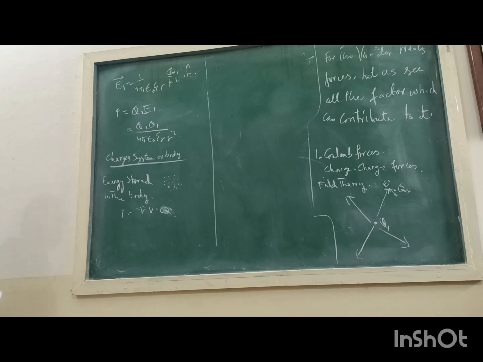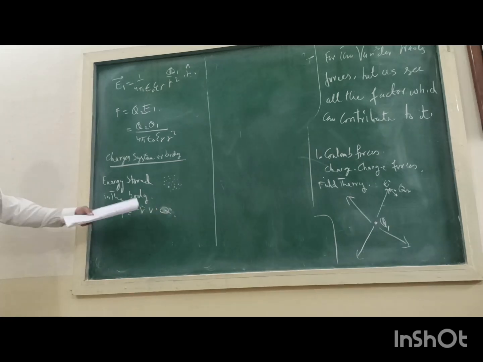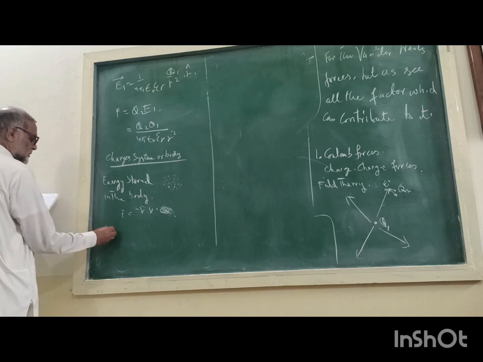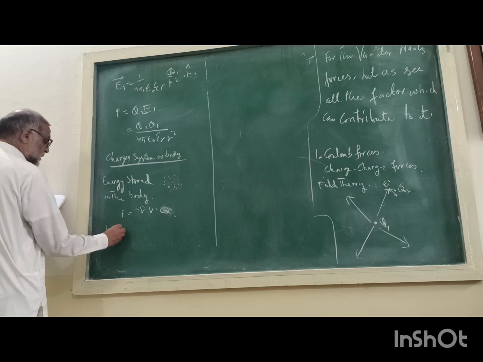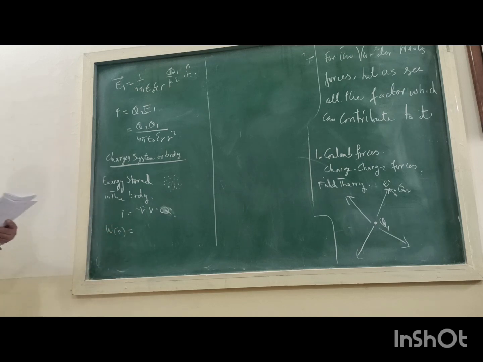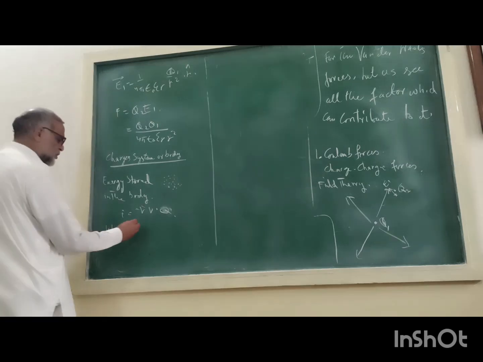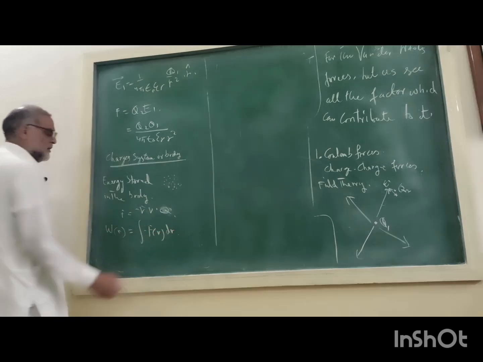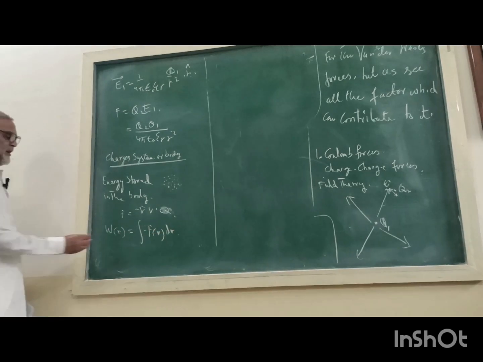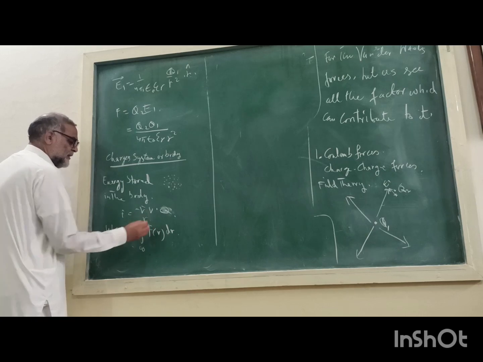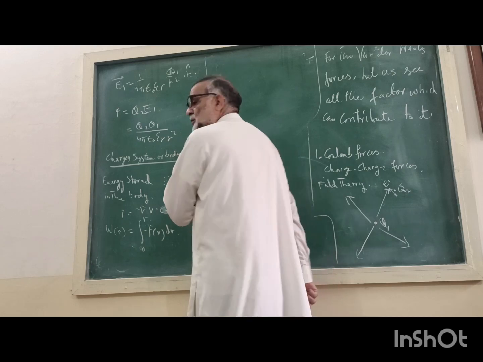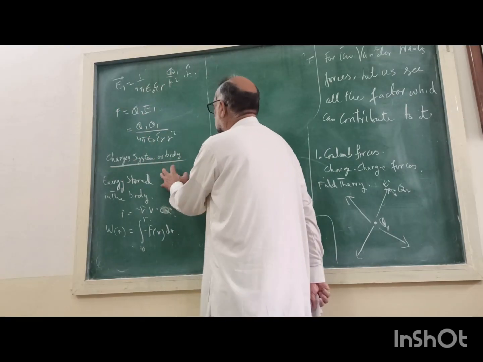If we take potential energy, you multiply the two, Q and V. So the energy of the charge system will be equal to integrating minus F dr, the force with the separation, from infinity to R. Starting from the first charge, there is nothing here.